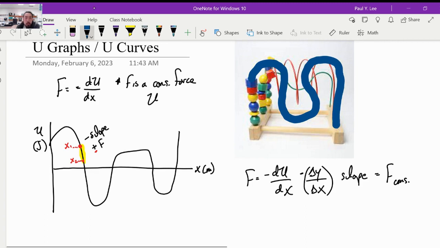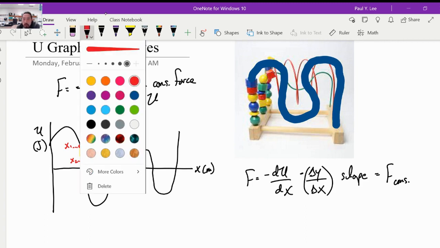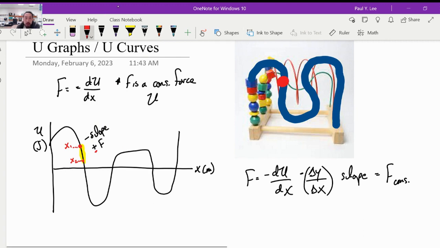In terms of the red bead, the red bead is going from point A to point B, those two individual points. So this will be x1 and x2. The force of gravity is pulling the bead from x1 to position x2.